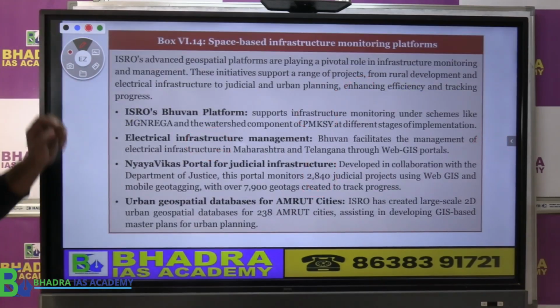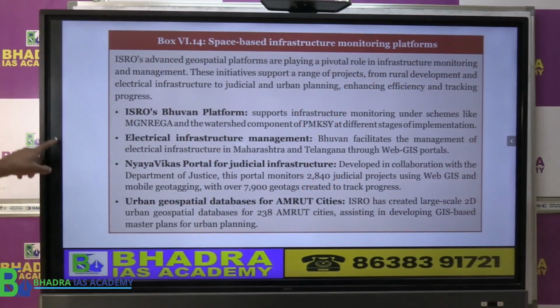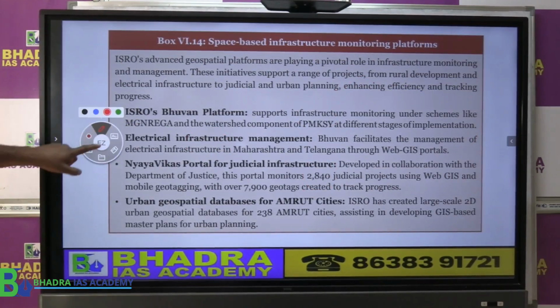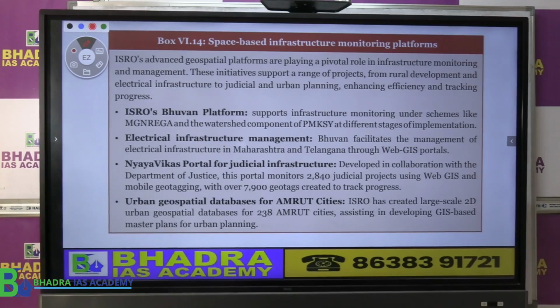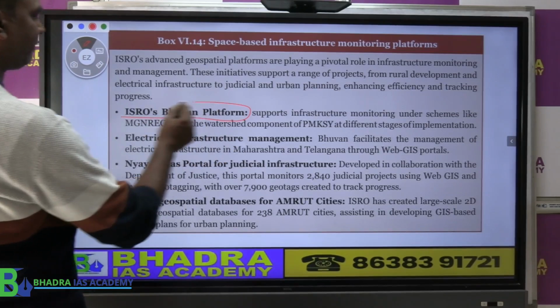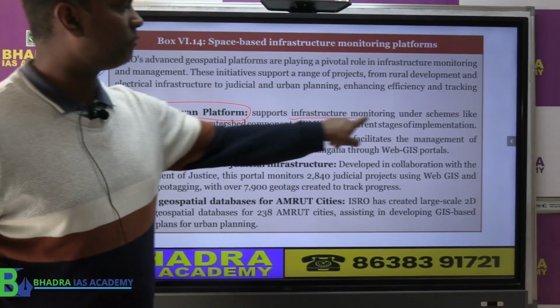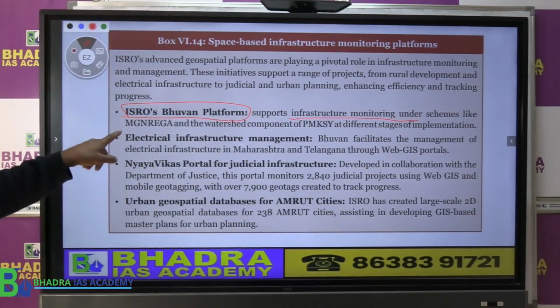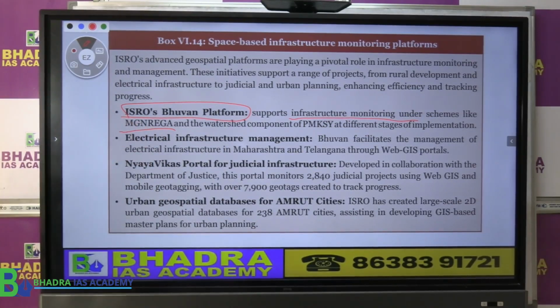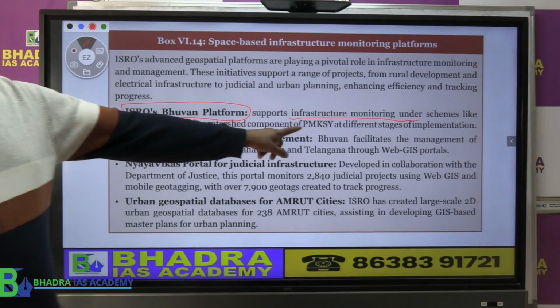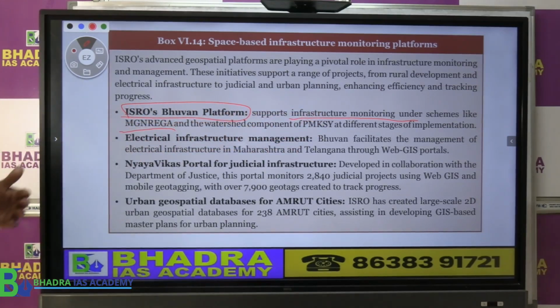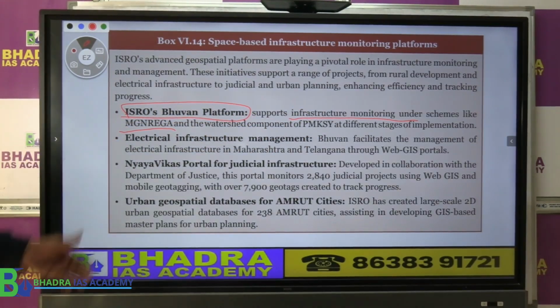Then in addition, the government also talked about this one. What is the space infrastructure given as a highlight? ISRO's Bhuvan platform supports infrastructure monitoring under schemes like the Mahatma Gandhi employment guarantee and the Pradhan Mantri Gram Sadak Yojana, etc. Many such things have been monitored through this platform.